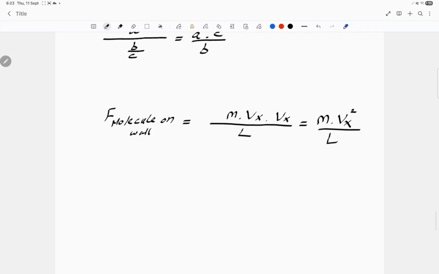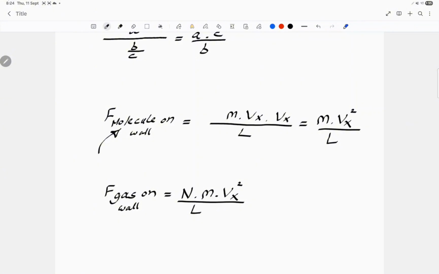Now, so far we've been discussing a single molecule. What if I want to discuss all the molecules that are held in this container? I must now change my equation to F of gas to include all the molecules on the wall. I must now multiply my equation by n for molecules. So now my equation is going to be n times m times Vx squared over L. Okay?